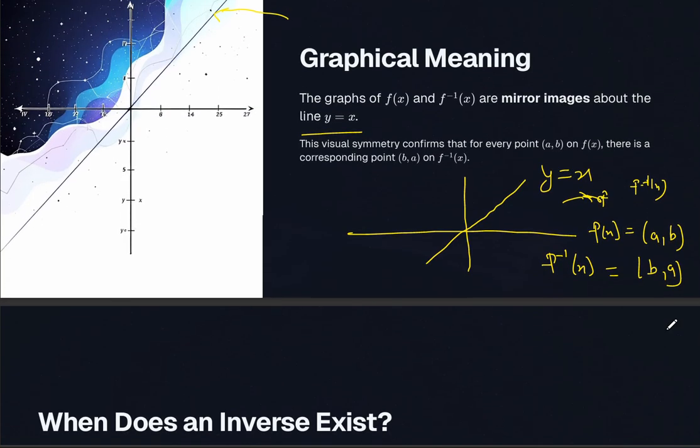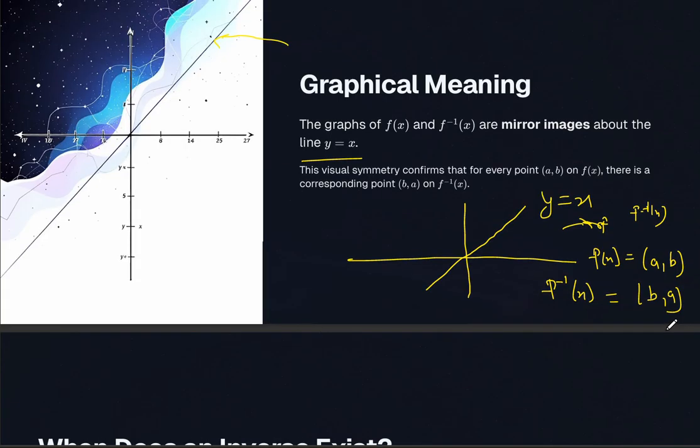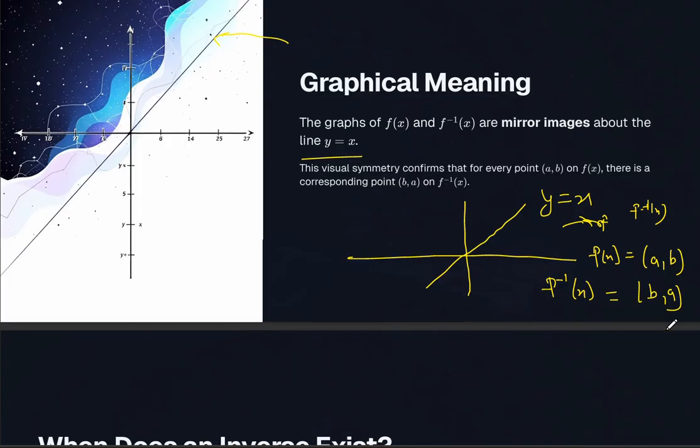So this is the graphical meaning of the inverse of a function, or we can say this is how we can find the graph of the inverse of a function. We simply take the mirror image of the graph of f(x) about the line y is equal to x to get the graph of its inverse.